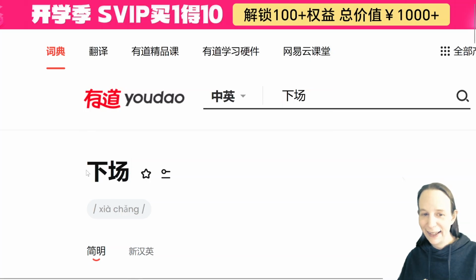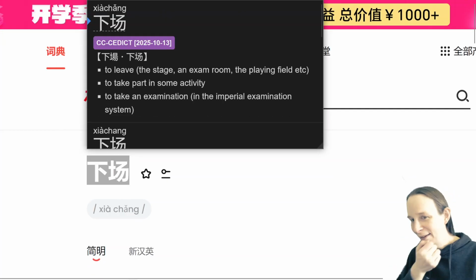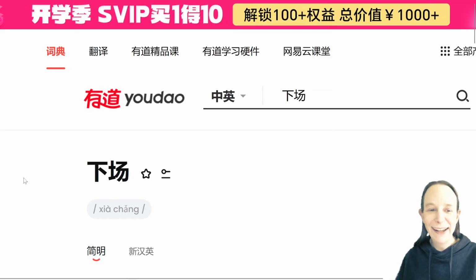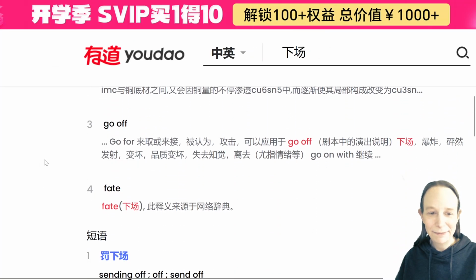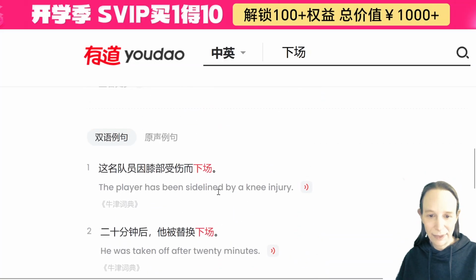So what is 下 here? To apply or something? I don't know. Enter? Okay, so 这名队员因膝部受伤而下场.